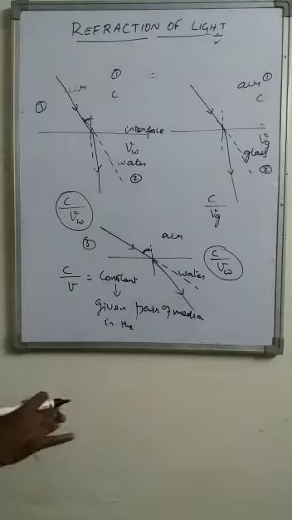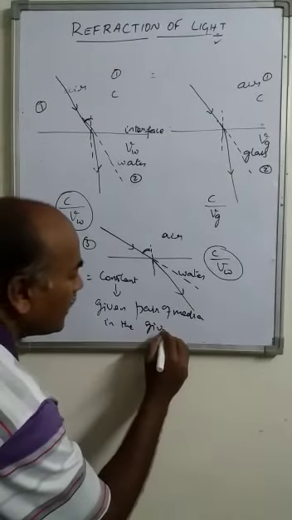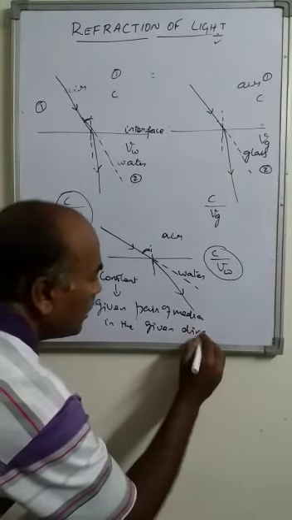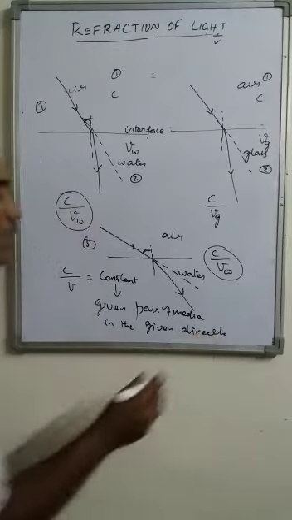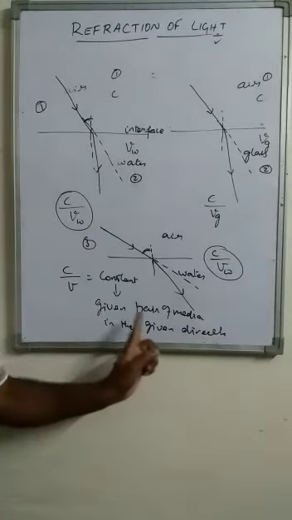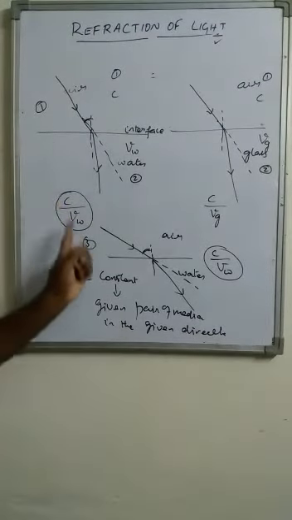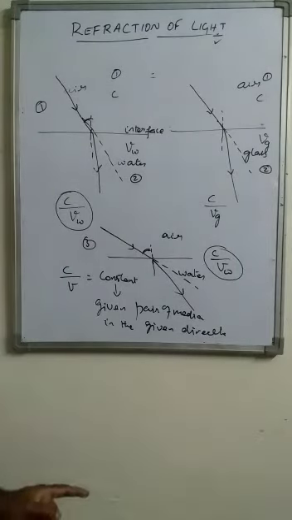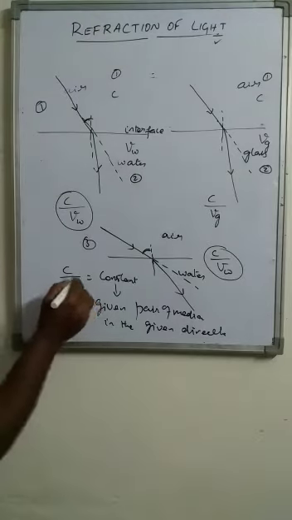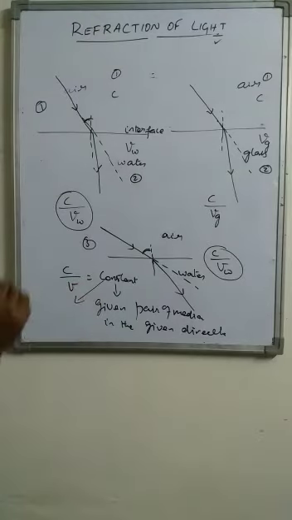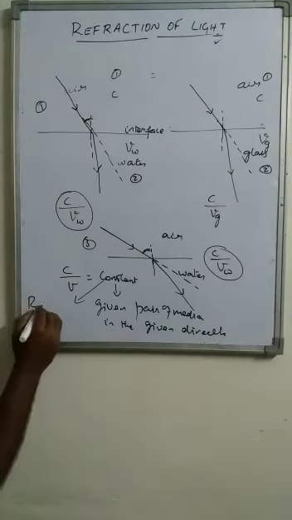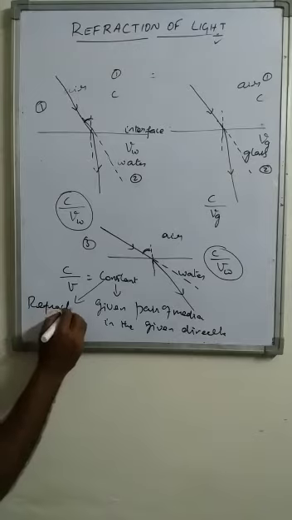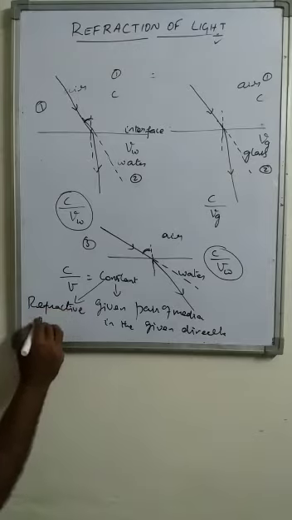In the given direction, and for the given pair of media, the ratio of velocity of light in vacuum to the velocity of light in any medium is always constant, and this constant is known as refractive index.